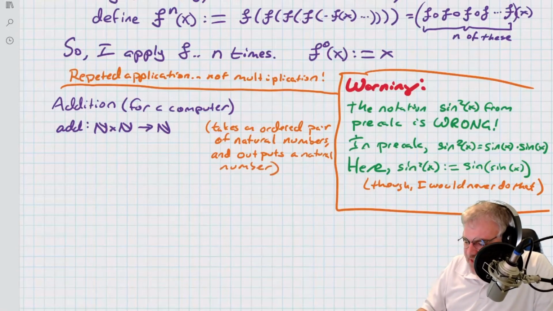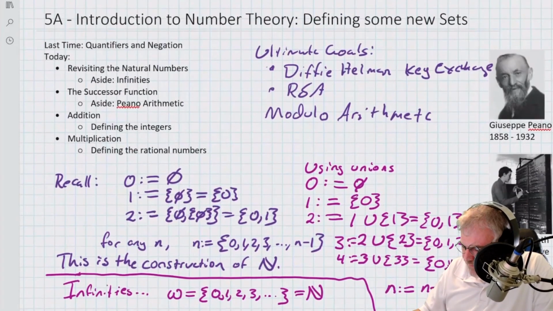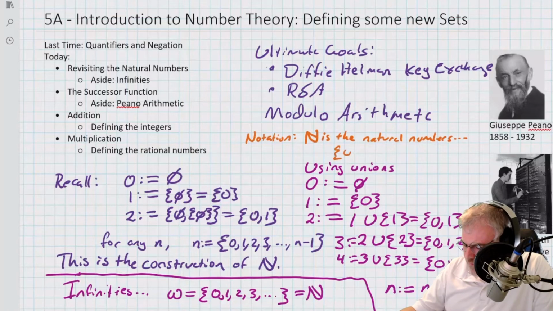So N with the two lines means the natural numbers. I think I'm going to have to add that to the notation. N is the natural numbers: 0, 1, and so on. And for us, the natural numbers do include 0.